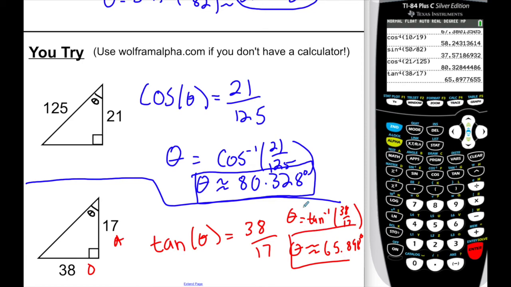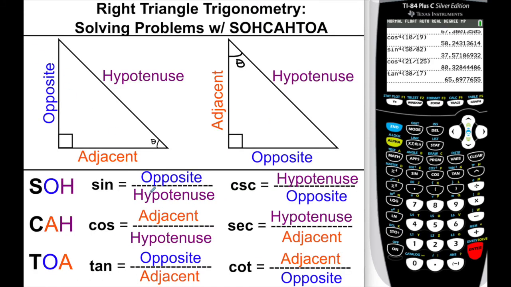So again, I encourage you to really make sure you're understanding where these problems are coming from, but more or less that's going to close things out, okay? So in this video, I talked about recalling what are the three relationships, the three ratios, right? We have sine, which is opposite over hypotenuse, cosine, which is adjacent over hypotenuse, tangent, which is opposite over adjacent. We briefly touched on, right, the reciprocals.